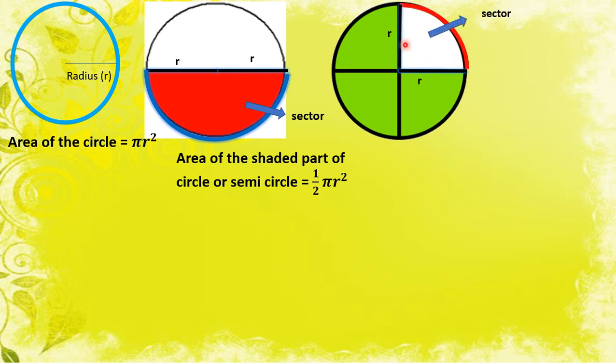Now as we have written, the area of this semicircle is 1 by 2 pi r square. In the same way we can write the area for the 1/4 part of the circle.